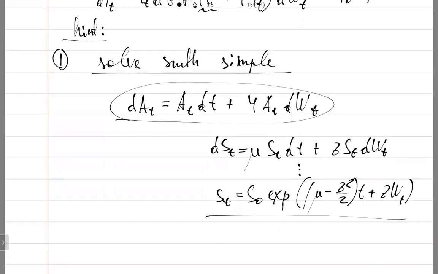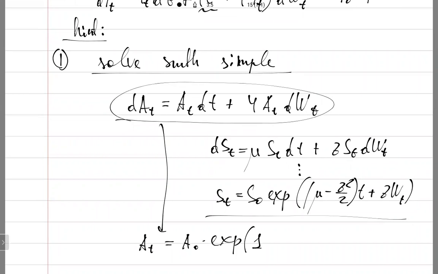So A(t) is just A(0) times the exponent. Mu here is equal to 1, and sigma squared is equal to 16.